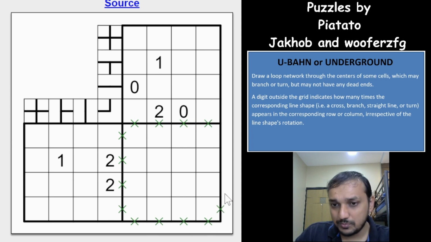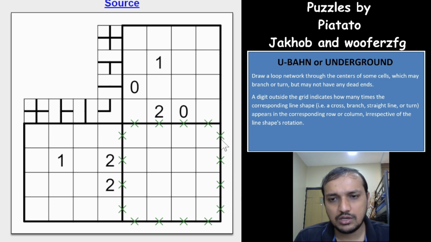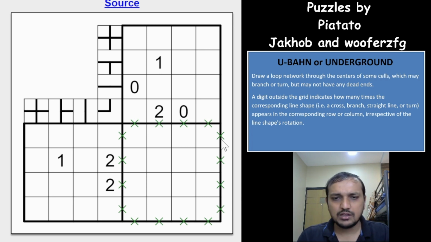It's just for beginners that I am going to show how you can start solving this puzzle. Of course, regular solvers won't use this many crosses, but for beginners it is highly recommended because you will get to know how this puzzle genre actually works, and after that you can change your notation when you are comfortable.